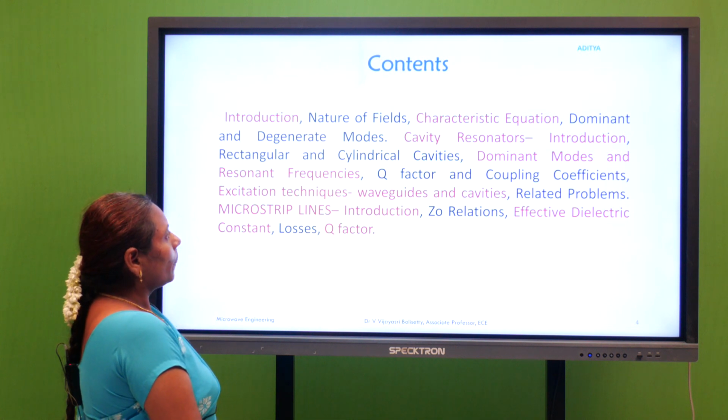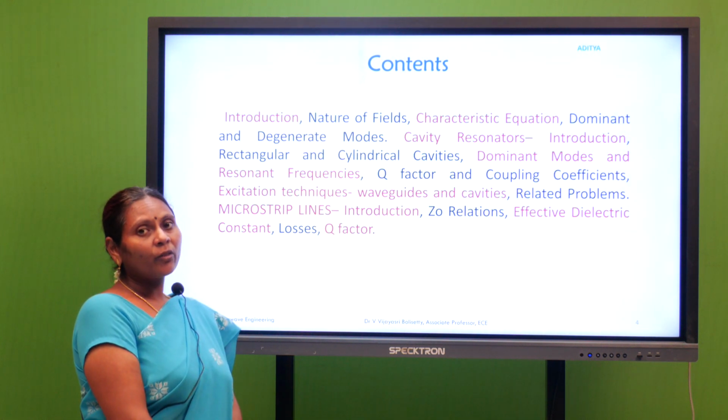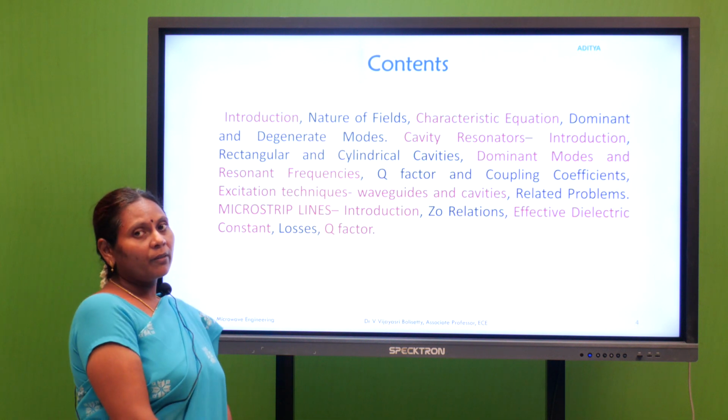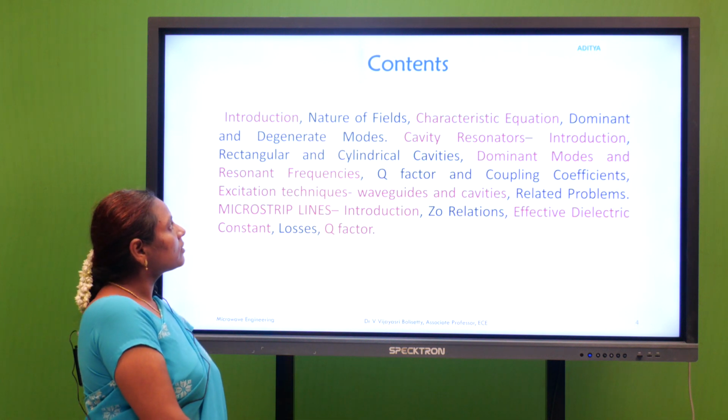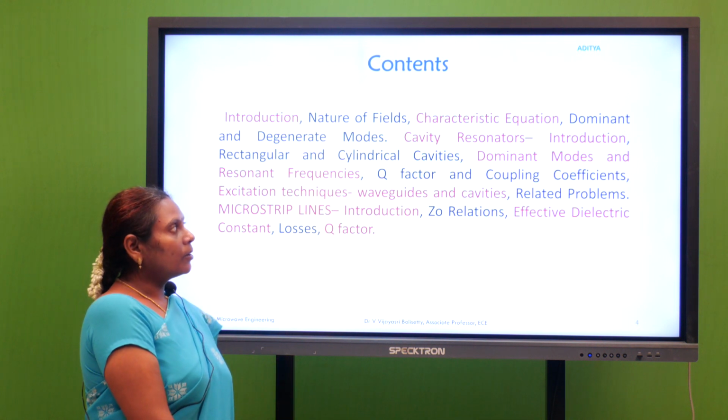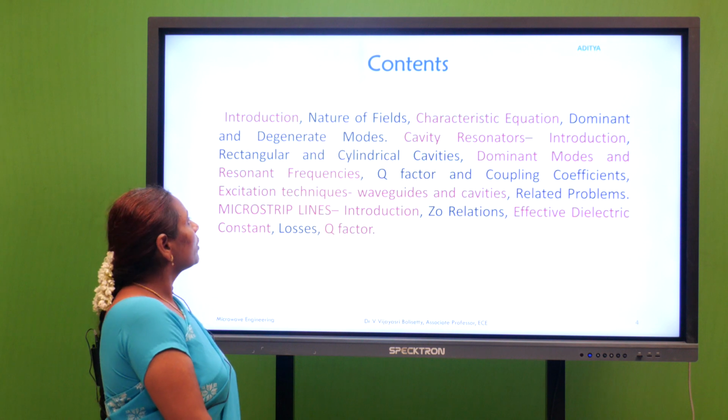Let us see what the contents of this unit 2 are. We go through the introduction for the circular waveguides, the fields and modes of propagation, and obtain the characteristic equation.